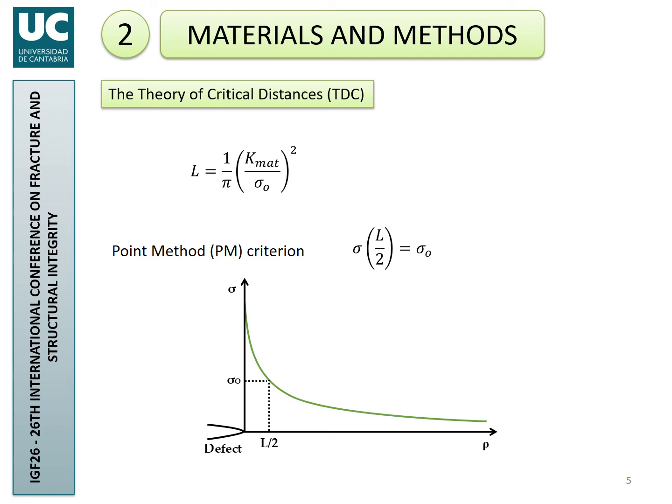So here you have the corresponding picture. This is the stress field corresponding to the external critical load, because at the given distance, half of the critical distance, we have the inherent strength. All this being a linear elastic simulation.